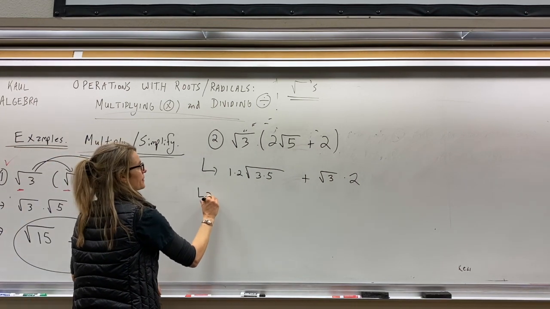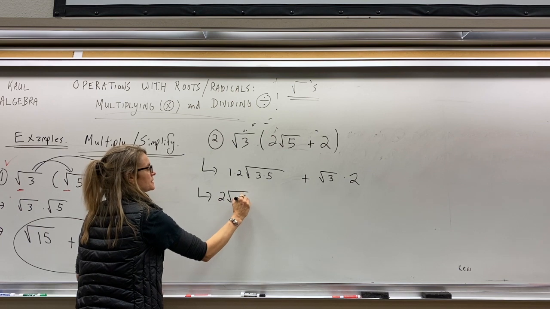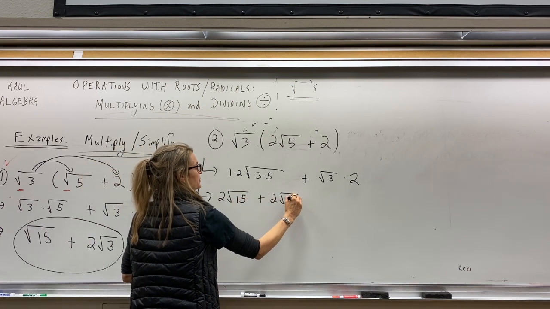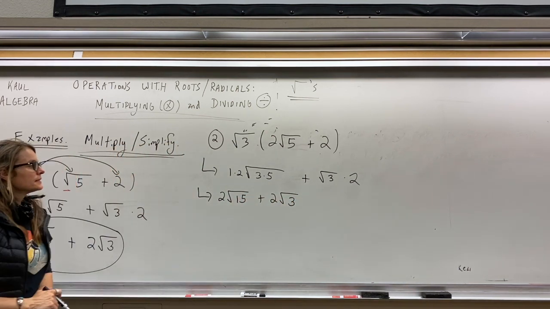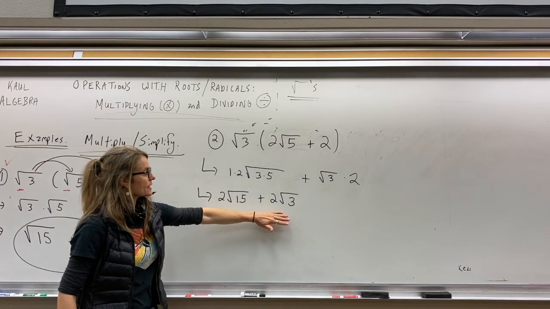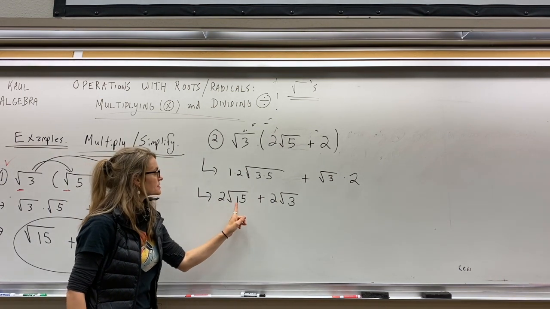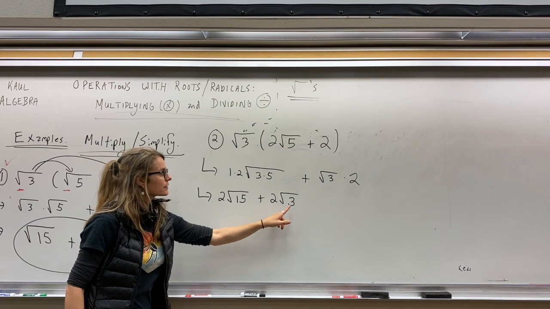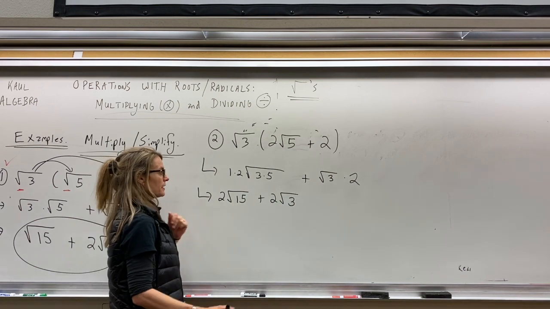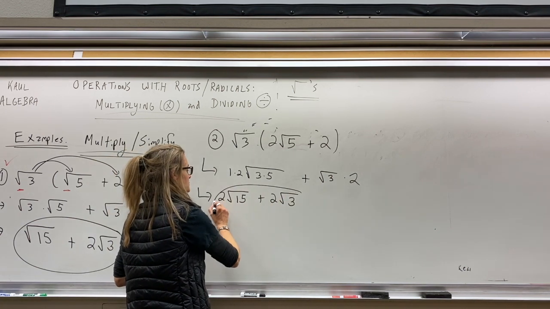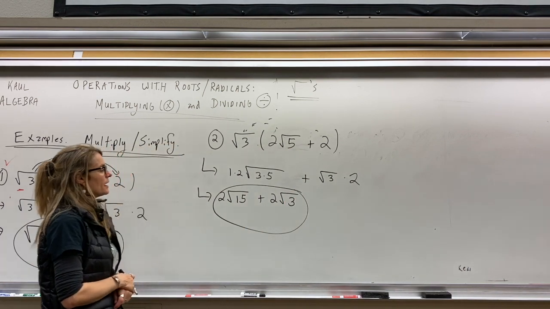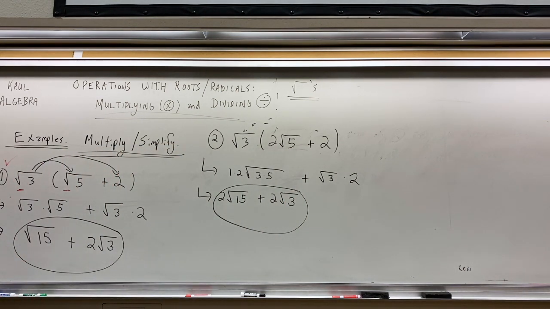In this case, now I just have 2 square roots of 15 plus 2 square root of 3, and I see if there's any like terms I could combine or any parts of the radicals I could simplify, and no to both of those questions in this case. Nothing can be simplified further, so this would be my final answer.